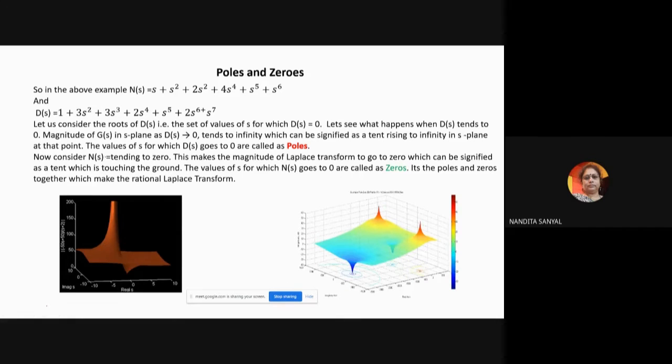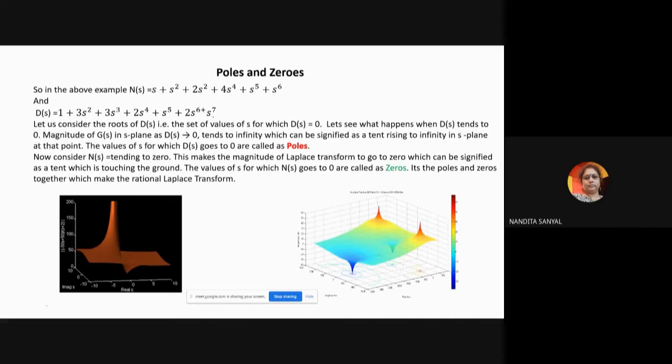So here, in the previous example, the numerator polynomial is a 6th order polynomial, and the denominator polynomial is a 7th order polynomial.